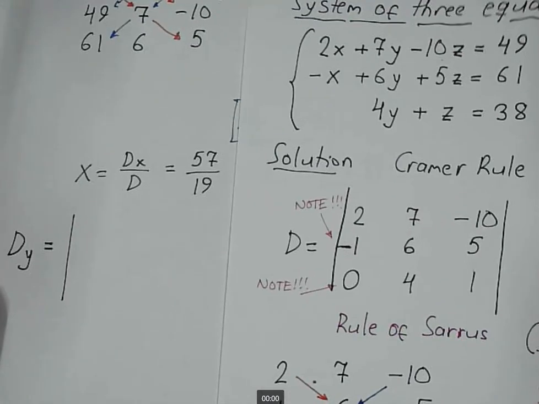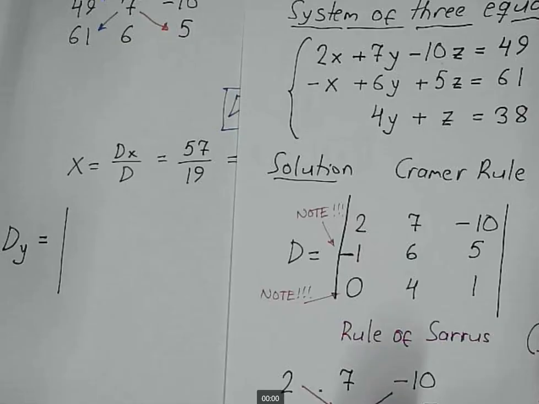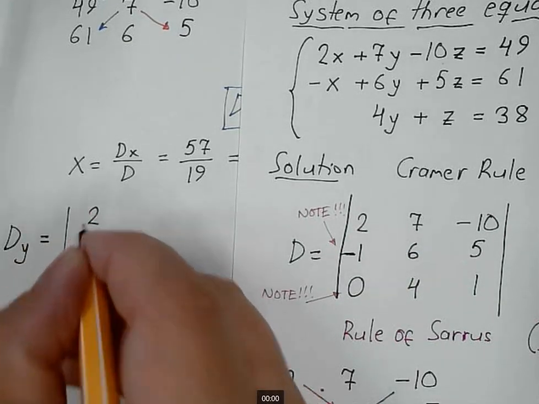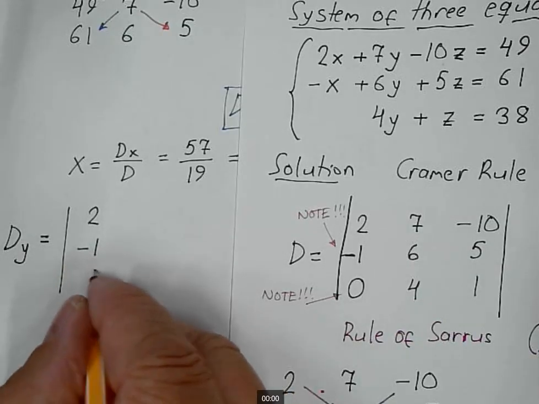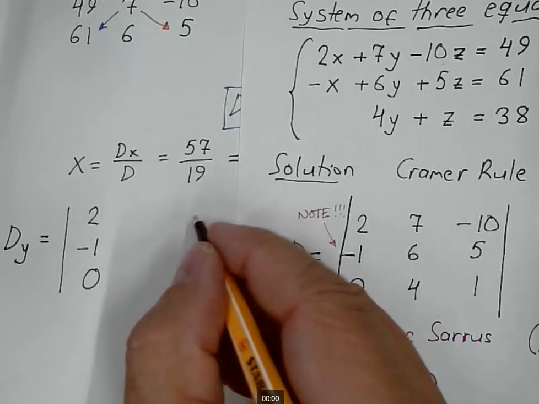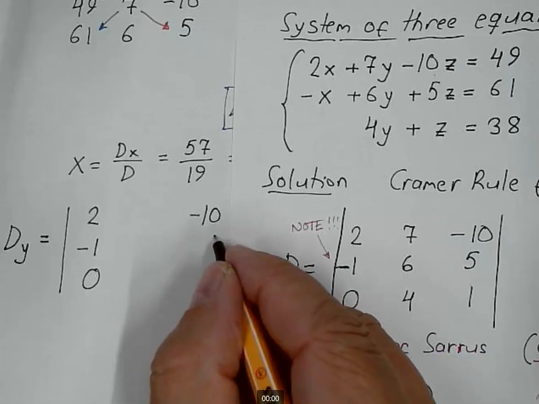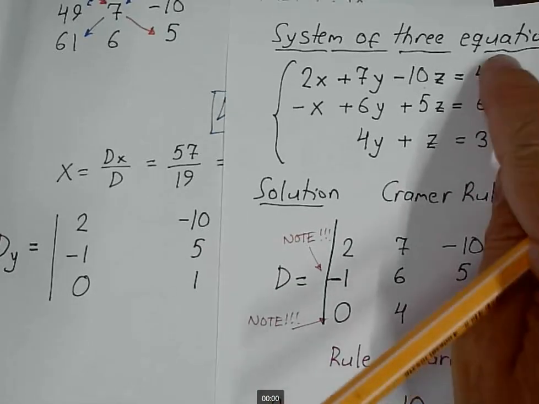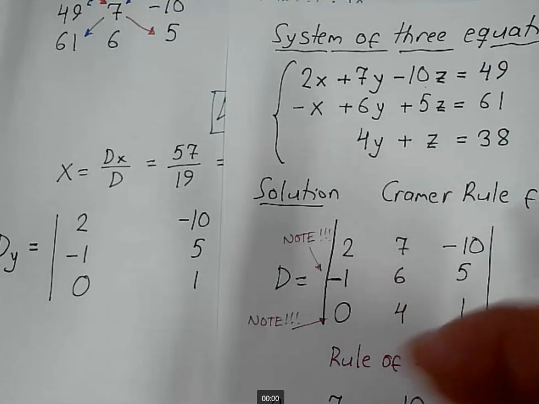Let's see the earlier determinant. So there, the first and third column will be the same. We have 2, minus 1, 0, and the third column is minus 10, 5, and 1, and the second column will be these numbers here.